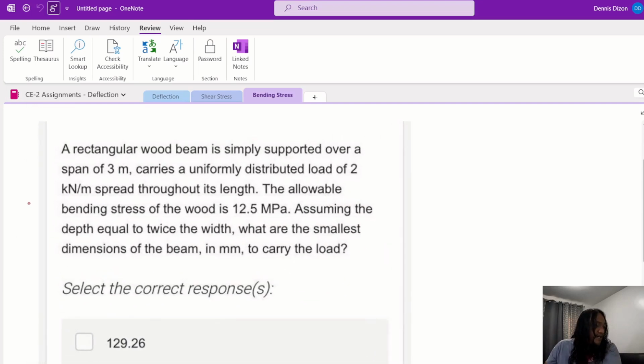It says here a rectangular wood beam is simply supported over a span of 3 meters, carries a uniformly distributed load of 2 kilonewton per meter spread throughout its length.